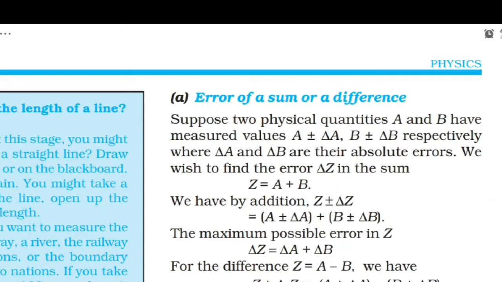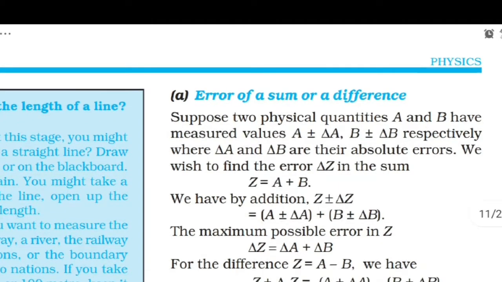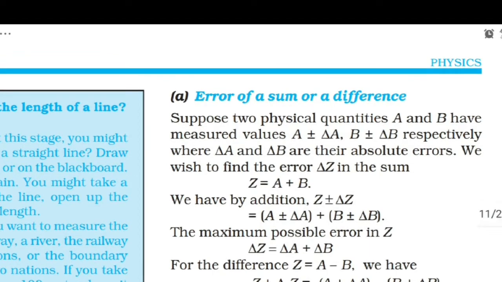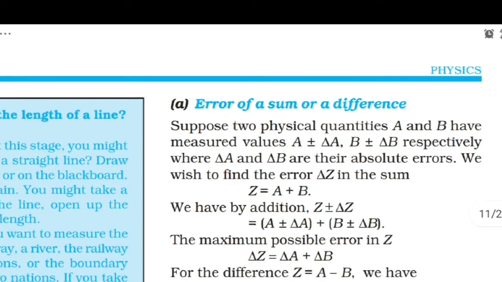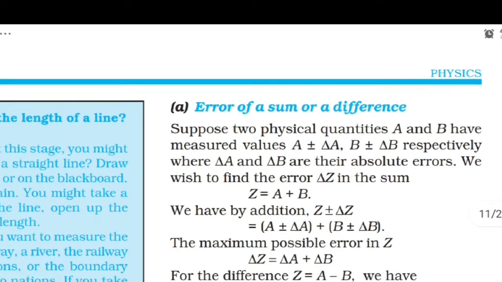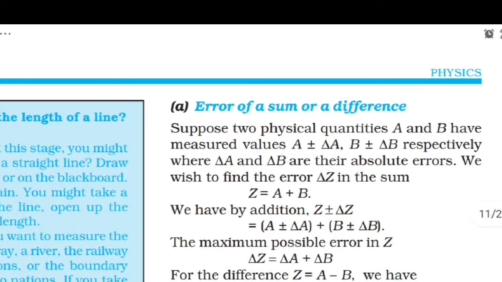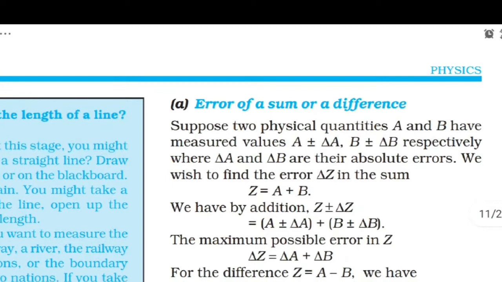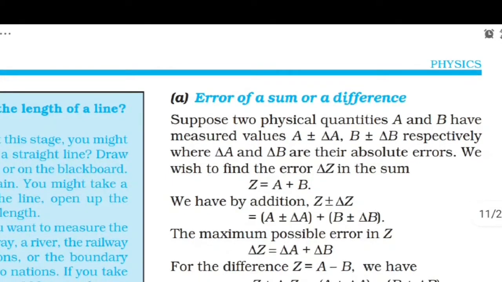For example, we are considering two physical quantities A and B, and the measured values are A plus or minus delta A and B plus or minus delta B, where delta A and delta B are the errors. Which errors? Absolute errors in A and B.